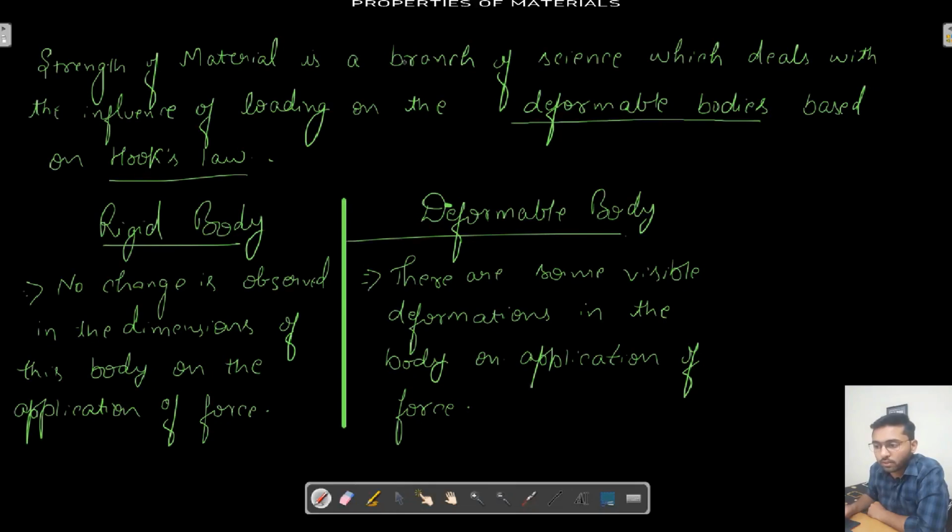And the next term is this. What is this? This is Hooke's law. So let us discuss this next term also. Hooke's law. What does it signify? Hooke performed a few experiments on various engineering bodies, and with the help of those experiments, he said that there exists a relationship between stress and strain.